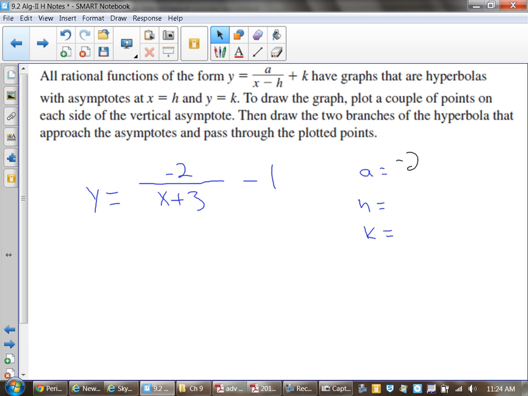So a is -2, h is -3, and k is -1. If x is -3, I would get 0 in my denominator, and that would be bad. That's why there's a vertical asymptote at -3. You're finding the 0 of your denominator, and that is always your vertical asymptote.